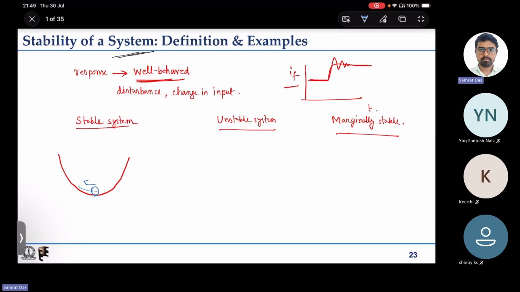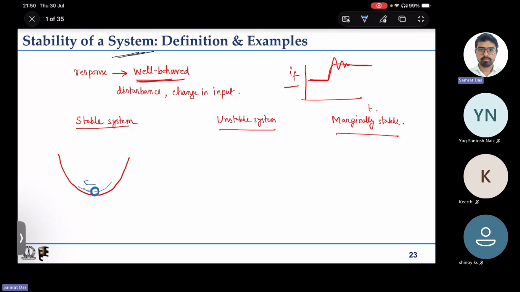It will keep on rolling, and after some time, if the surface has certain friction, eventually it will come back and again become steady at the same position. So even if we are disturbing the position of the ball, eventually it comes back and becomes steady at the same steady operating point.